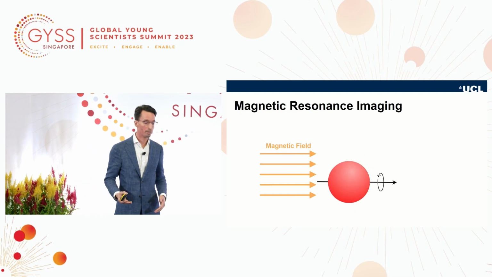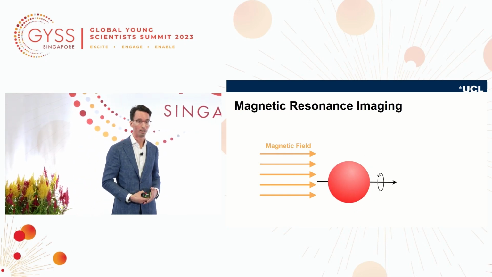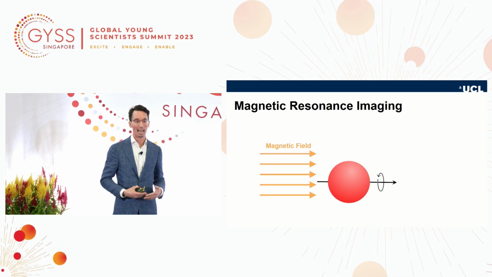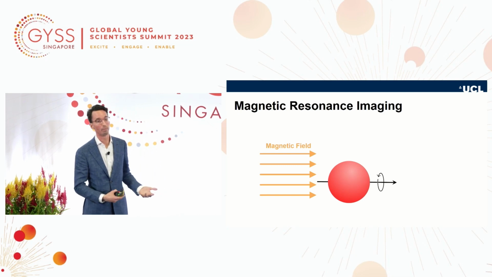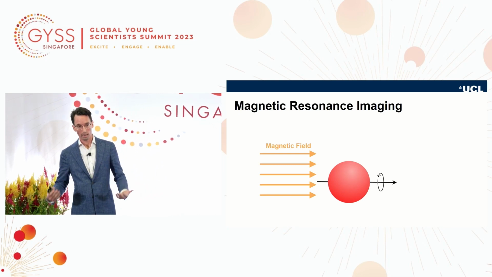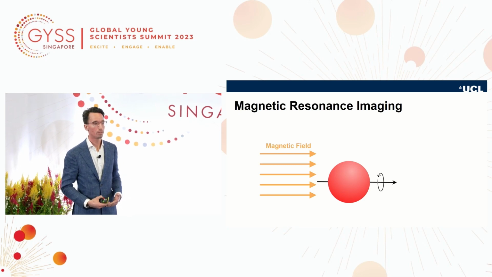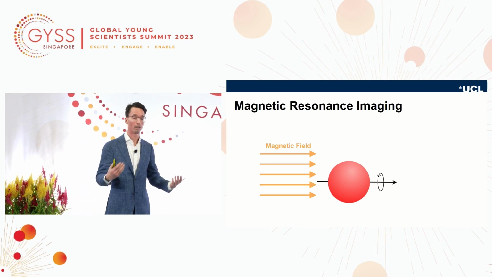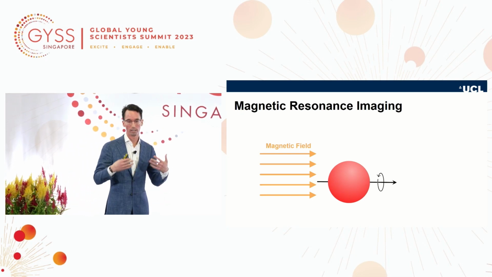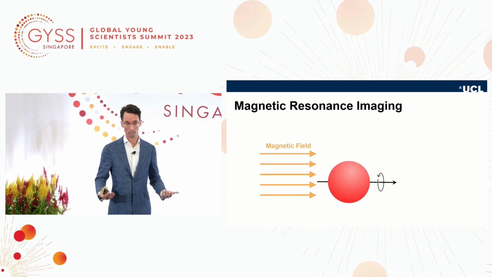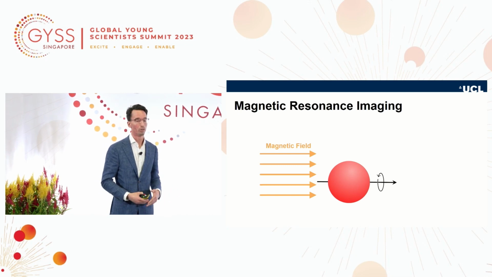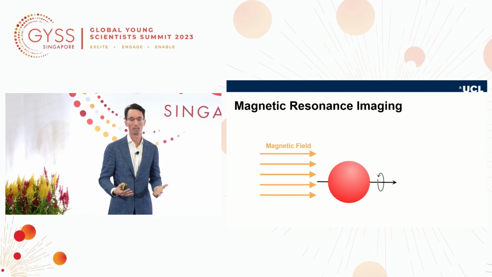So in an MRI scanner, by applying a magnetic field, you can essentially align these spins with the applied magnetic field. Now, in MRI, we're not able to get our resolution down to single spins because that is a very, very small signal, but we're looking at ensembles of spins. So essentially in a single pixel, or because we're dealing with 3D volumes, in a voxel, you have the net magnetization vector, which is the sum of all the ensemble spins.